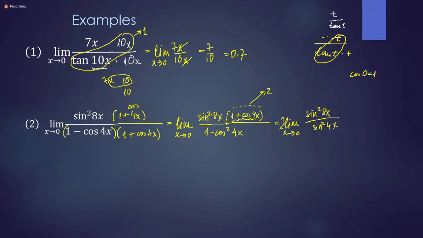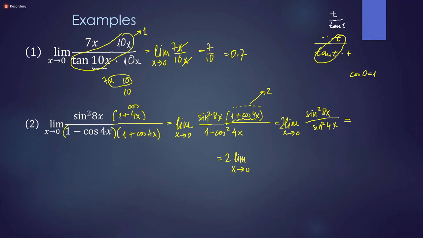So remember, again, a simple thing to do, maybe not the shortest, but simple enough, would be, for example, expanding sine square of 8x written as sine 8x times sine 8x, and sine 4x times sine 4x.